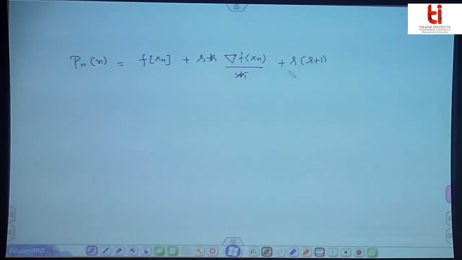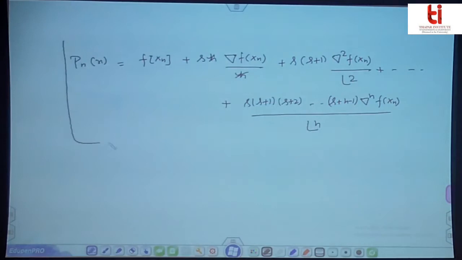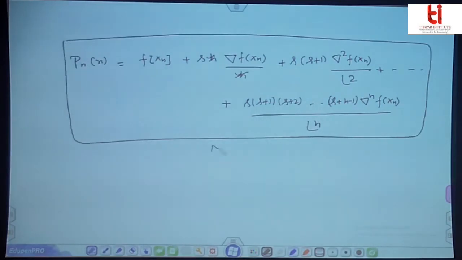Here you have s plus 1, whereas in the forward formula it is s minus 1. h is cancelled. Then s(s plus 1)(s plus 2) and so on up to (s plus n minus 1) del n f(xn) upon factorial n. So this is the Newton backward formula for equally spaced points.